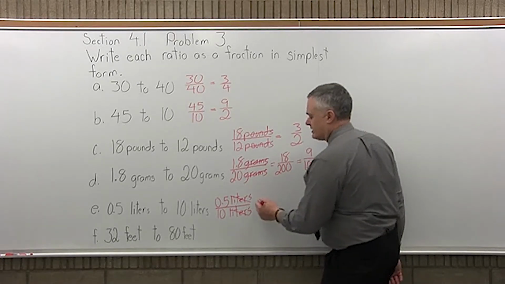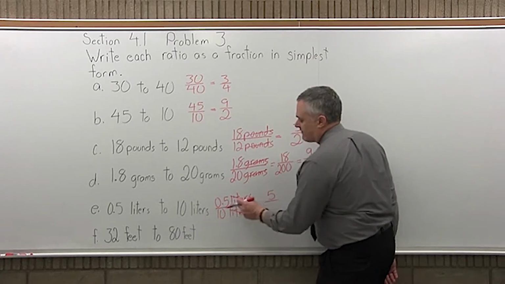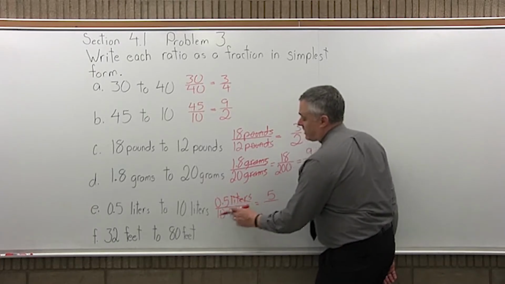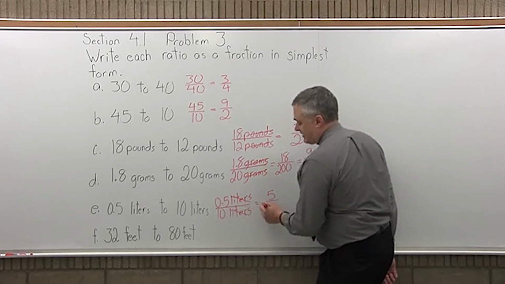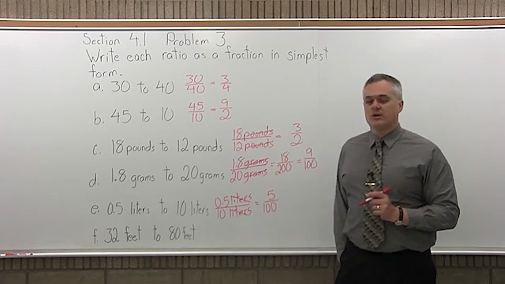One is a decimal, one is not. So instead of 0.5, I can make the numerator 5. That means I move the decimal one spot to go from 0.5 to 5. I have to move it the same number of spots in the denominator. It's not written for the 10, but you can assume it's at the end. So if I move it over one spot, it becomes a 100.